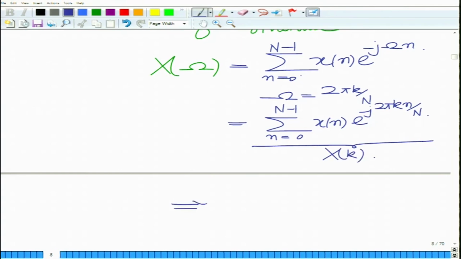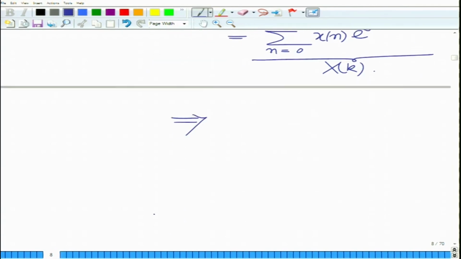So, this implies something very interesting: your X[k] is nothing but the DTFT X(omega) evaluated at omega equals 2 pi k over N.